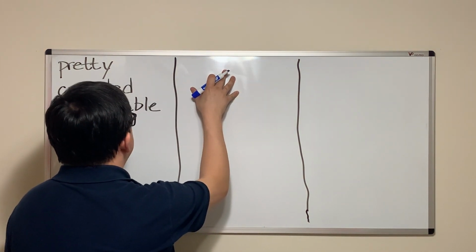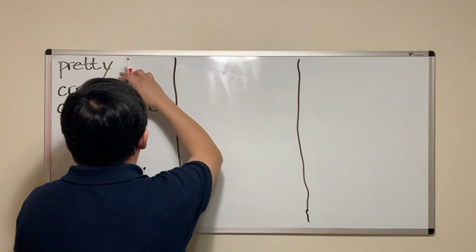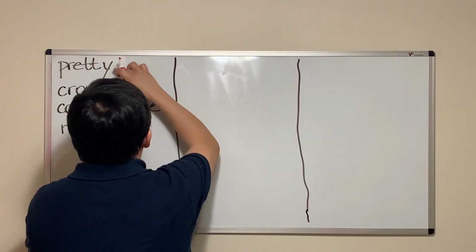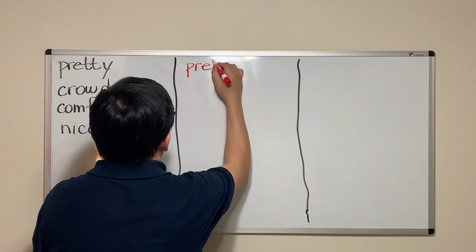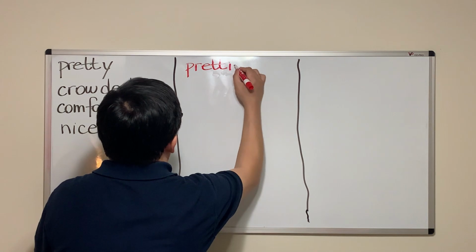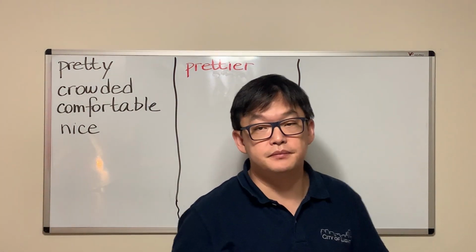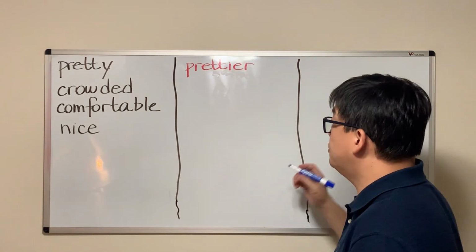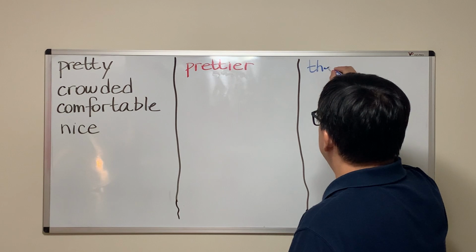The comparative of pretty. Pretty ends with Y. Y disappears. You have I and ER. Prettier. Okay? And now, superlative, you have to add the.